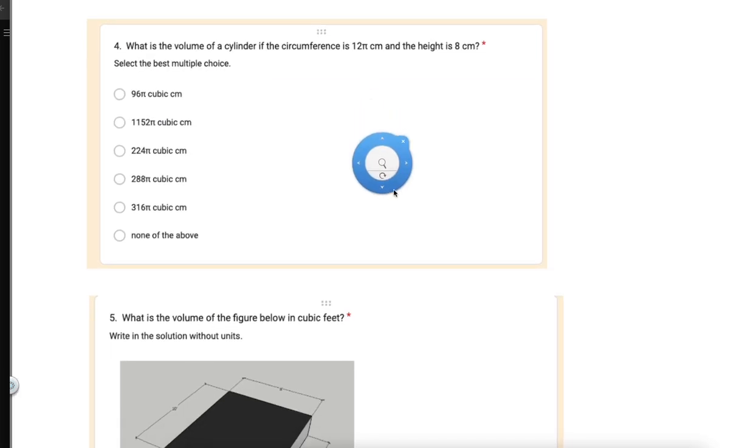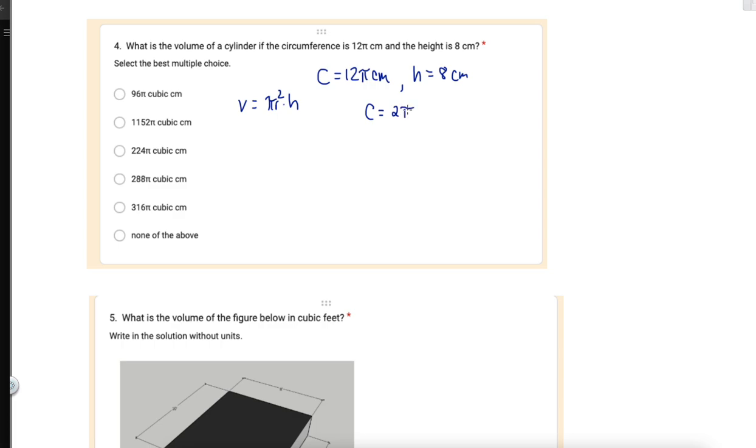Next problem, what is the volume of the cylinder if the circumference is 12 pi centimeters and the height is 8 centimeters? Well, volume is pi r squared h, and we know h, we don't know r, but we do know that circumference equals 2 pi r. That's our equation for circumference.